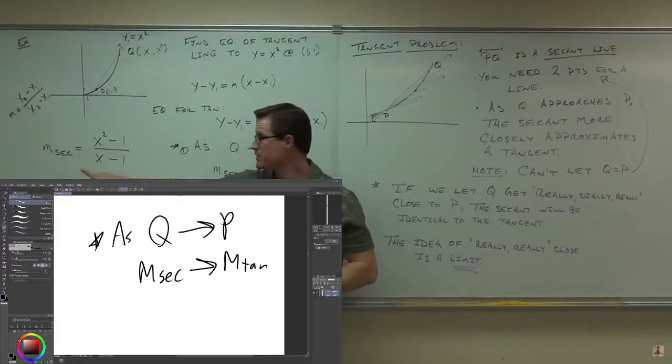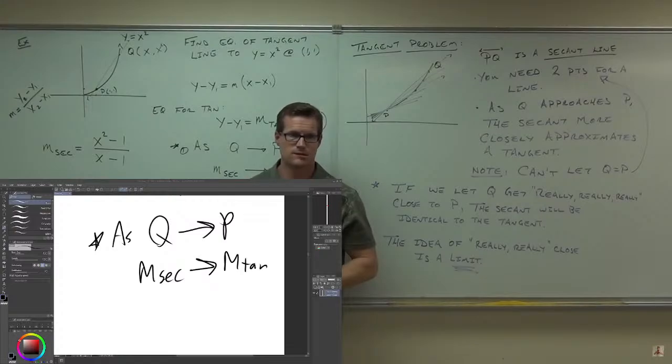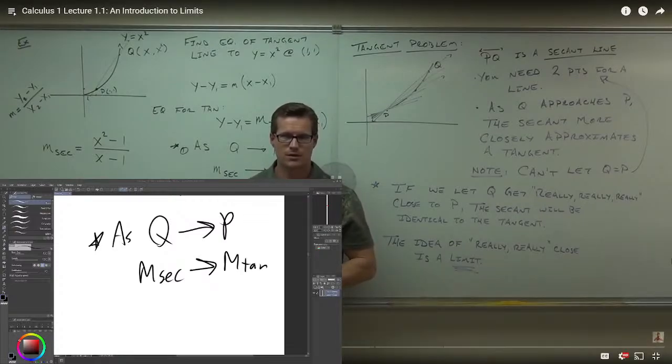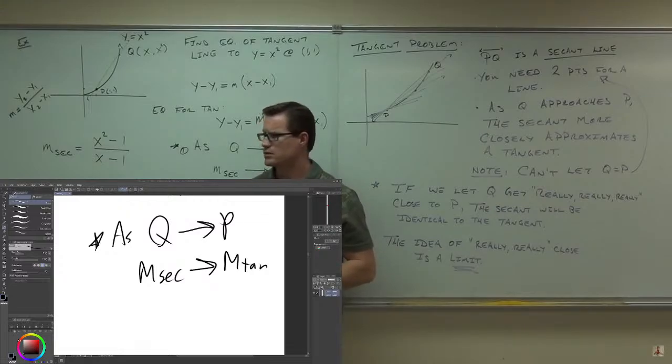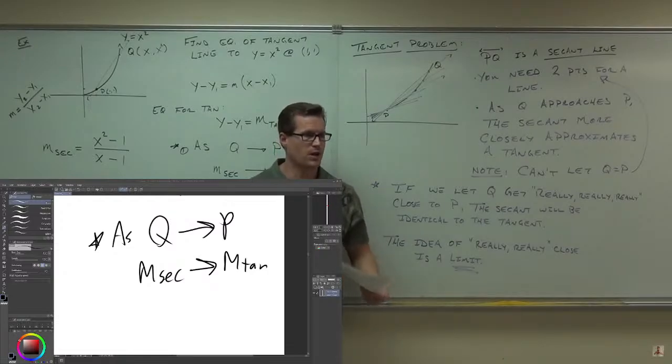This gives you the slope of the secant line, true? Plug in 1. What happens? Oh, wait, it turns into a 0. No, you don't get 0. You get 0 over 0. 0 over 0 is not 0. That's a big problem. 0 over 0 is undefined, right?